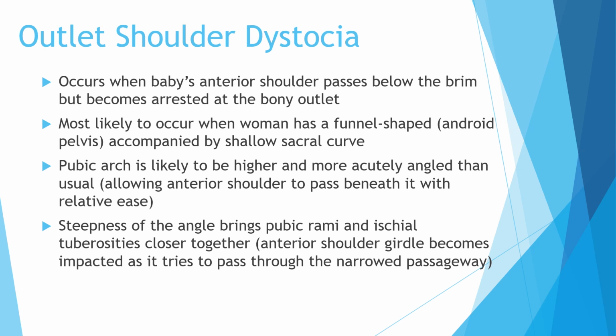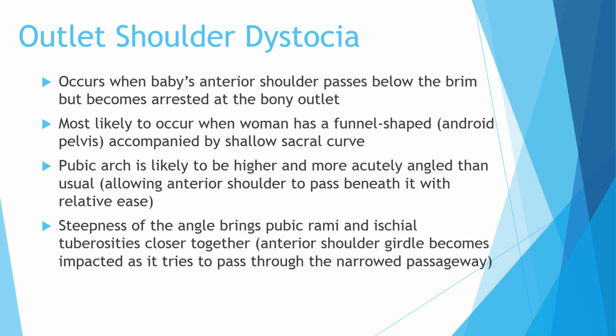Pubic arch is likely to be higher and more acutely angled than usual. And that just makes it so that there's that steepness of the angle, brings the pubic rami and the ischial tuberosities closer together. Anterior shoulder girdle becomes impacted as it tries to pass through the narrowed passageway.